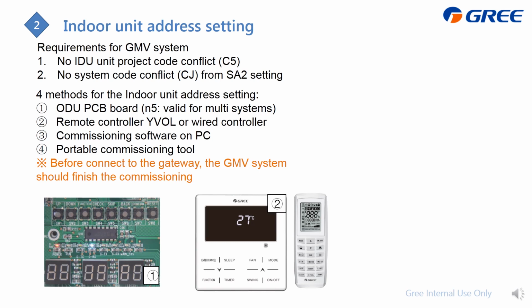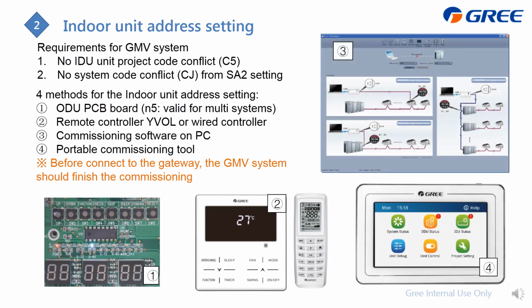If you find that in your system there is an inter-unit address conflict, here are 4 methods just for your reference to change the inter-unit address. The first is from the outdoor unit PCB. You need to activate the function code N5, and this is available for multi-systems, which means you only set on this one, and the system will arrange all the indoor units of all the systems to ensure there's no conflict.